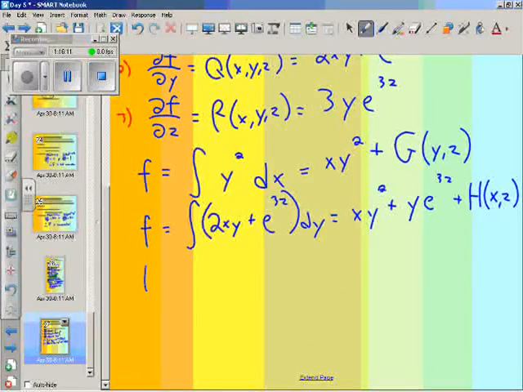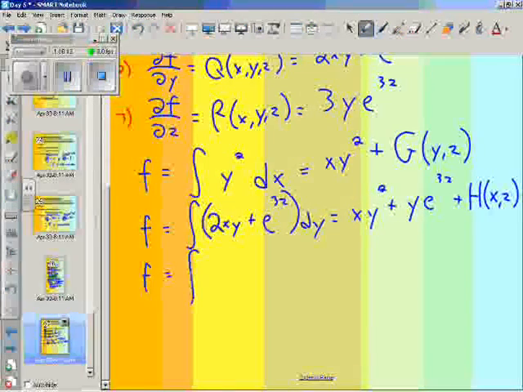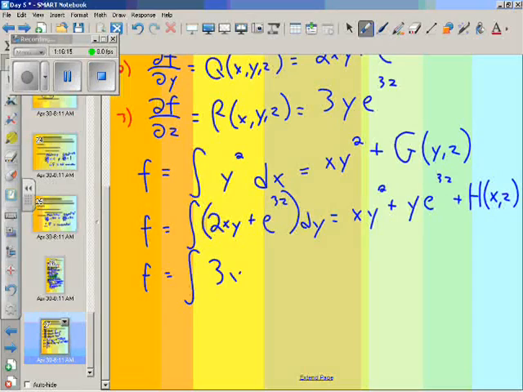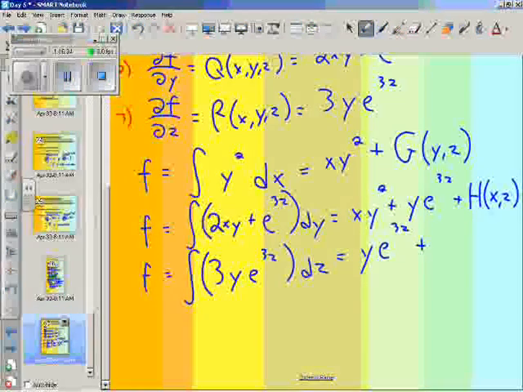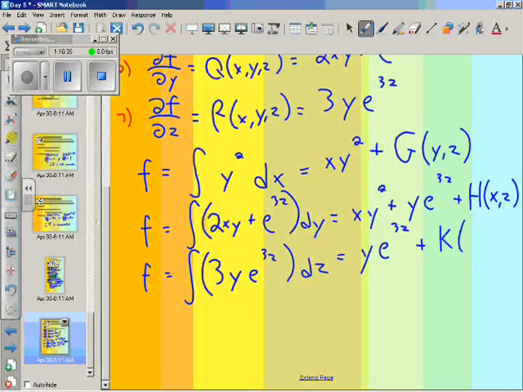And finally, when we integrate the third one, we're going to integrate 3y e to the 3z with respect to z, and I think we're going to get y e to the 3z plus some function, we'll call it k, and that's going to be a function of x and y.